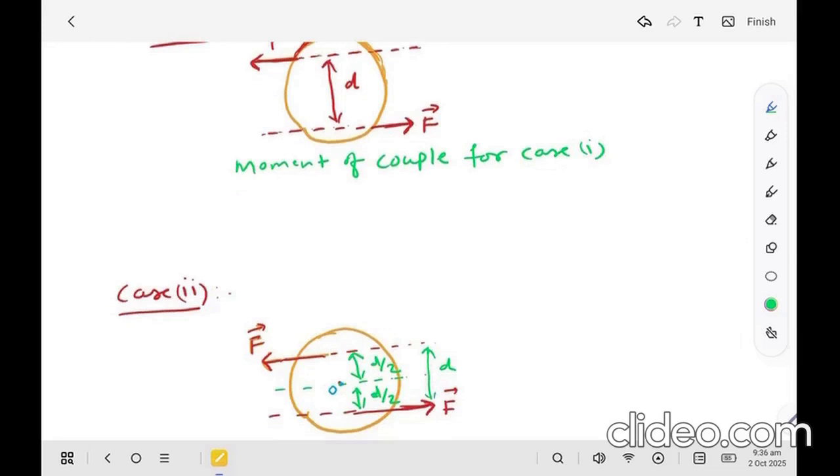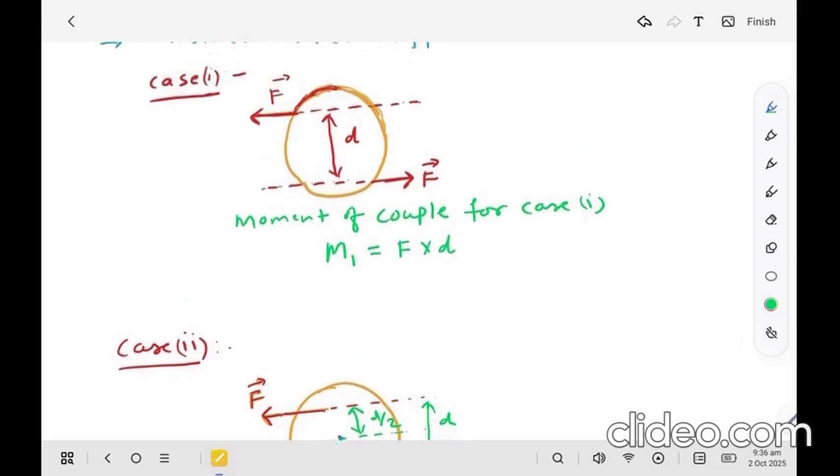Let's say I define the moment of couple as M1. So M1 is the magnitude of the force F times the perpendicular distance D between the forces.